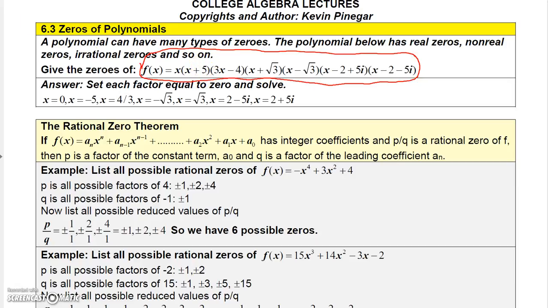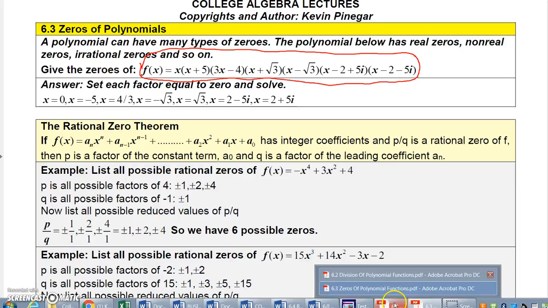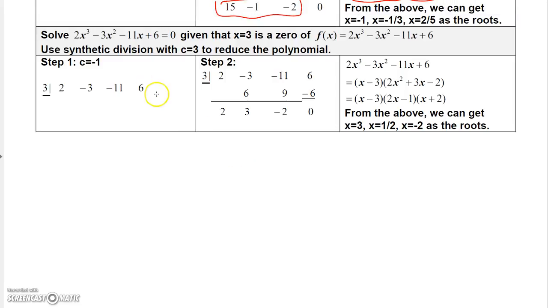So let me do this other problem and kind of use it as a segue into this particular section. Now, I kind of shortened you on this problem, so let's take a look at this one. We can solve this equation if it's difficult to solve right now, but if someone tells me that x equals 3 is a 0, then I can reduce it using synthetic division.